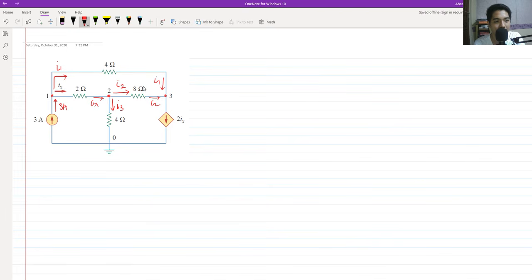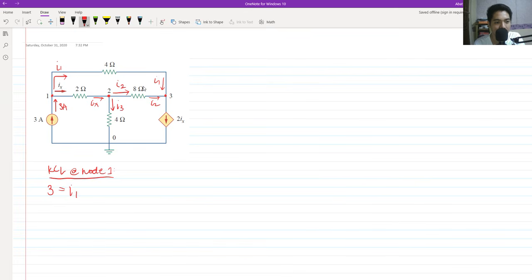So if we have KCL at node 1, that is our node voltage V sub 1, current entering equals current leaving. Current entering is 3 amperes, equal to the sum of the currents leaving the node, I sub 1 plus I sub x.